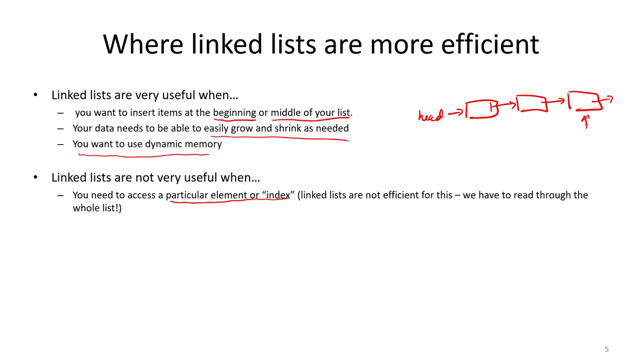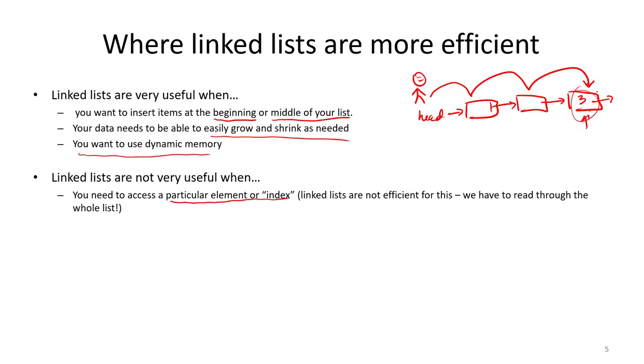So if I want to access my third node in my linked list, the only way I can access that item is by starting at the head pointer of my linked list and walking through my list until I reach the node that I want. I am not able to directly jump to node 3, or whichever node I'm looking for. I have to step through my entire list.